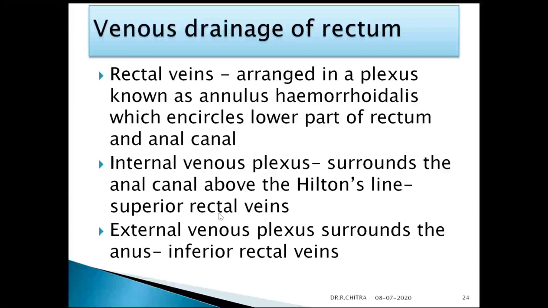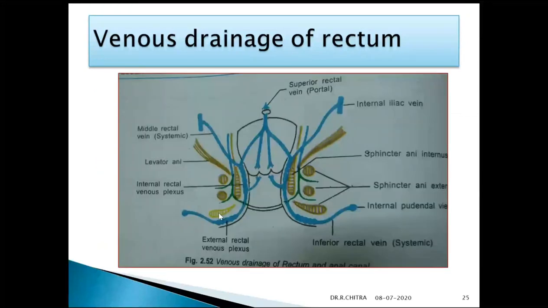Below the Hilton's line, the external venous plexus surrounds the anus, and that is called the inferior rectal veins. So the upper part of the anal canal and the rectum drains into the superior rectal veins, and below that drains into the inferior rectal veins.